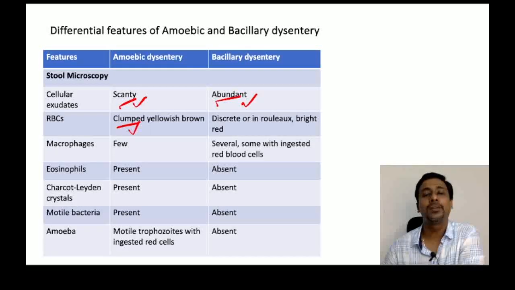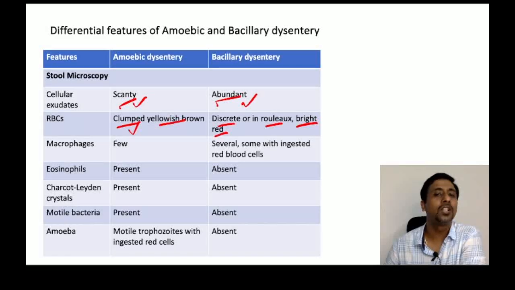Once the membrane of the RBC is damaged, they will clump together, become altered, and the color will change into yellowish brown. Whereas in case of bacillary dysentery, the blood coming out from the ulcer is not altered, it is fresh blood, so there is no RBC damage. It will remain either discrete or in a rouleau formation, and obviously the color is bright red because of non-alteration.